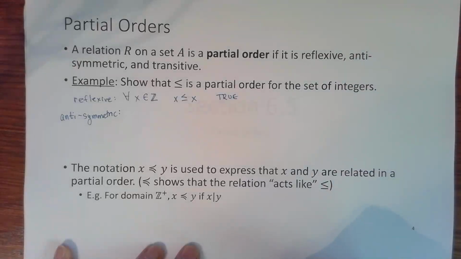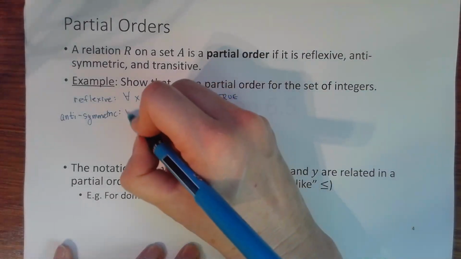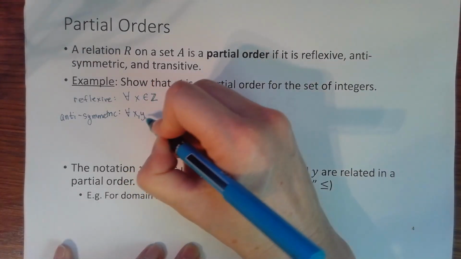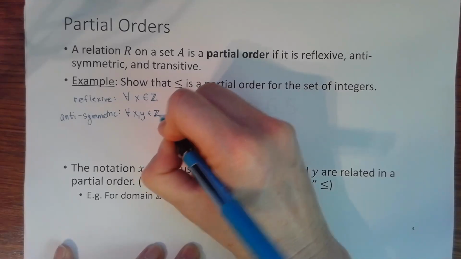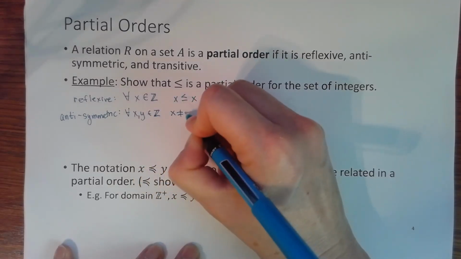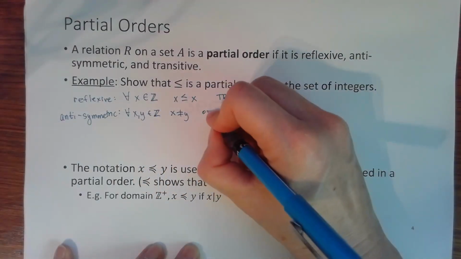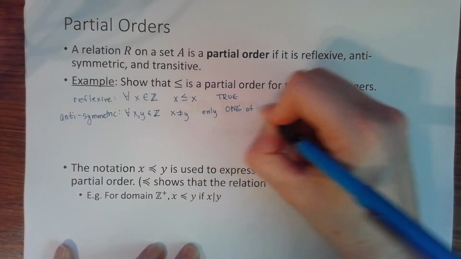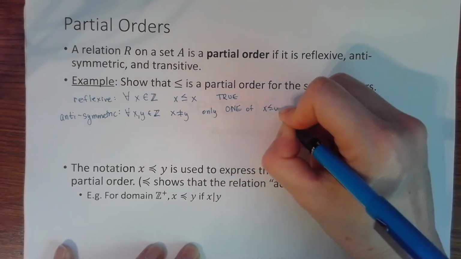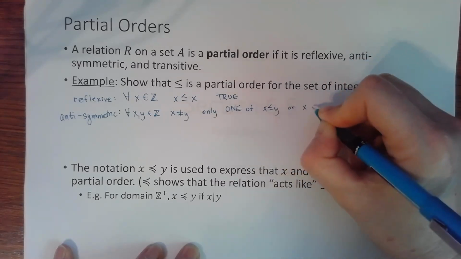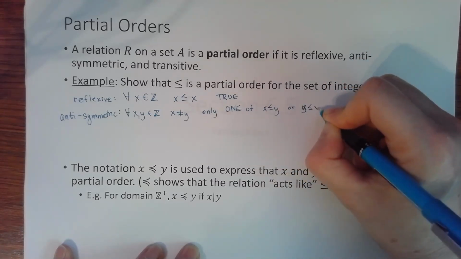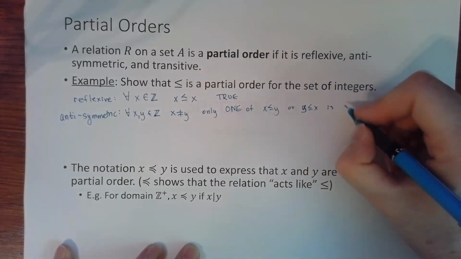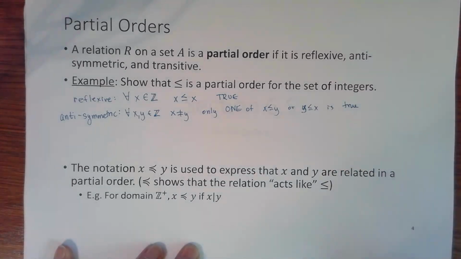Okay, so antisymmetric means that for every x and y, as long as x isn't equal to y, only one of x less than or equal to y or y less than or equal to x is true. So is that indeed the case?